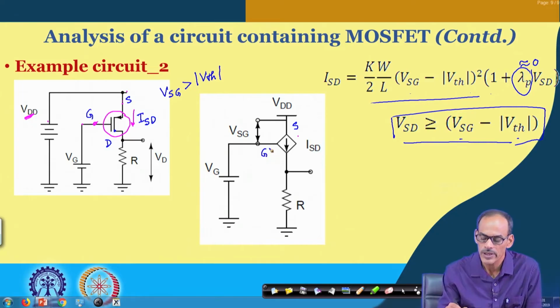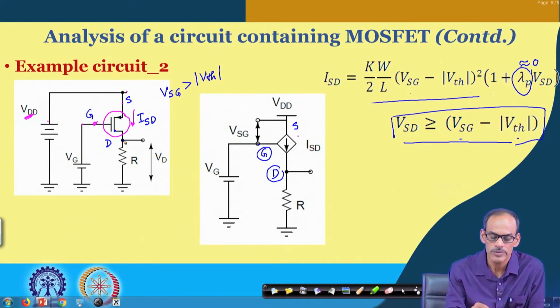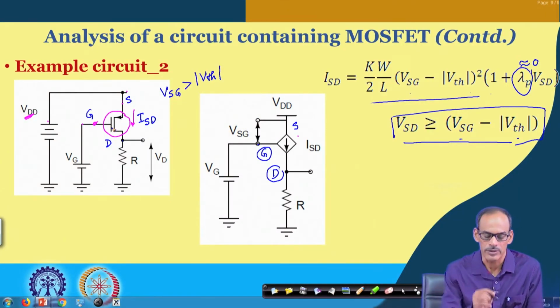The only difference is that the source is connected to the supply VDD, the gate is connected to a lower potential, and of course the drain voltage is preferably lower than the source voltage, and preferably such that pinch off is happening, namely the channel is not appearing.